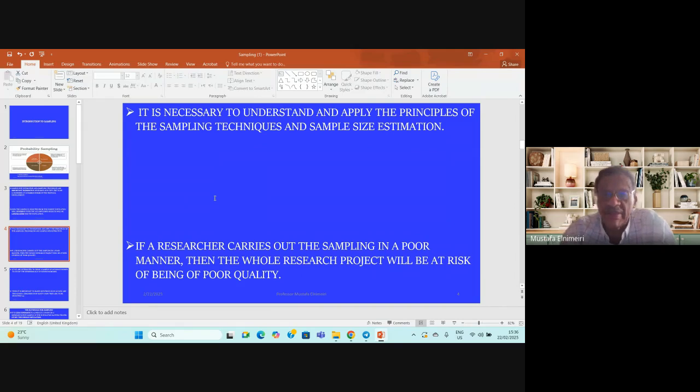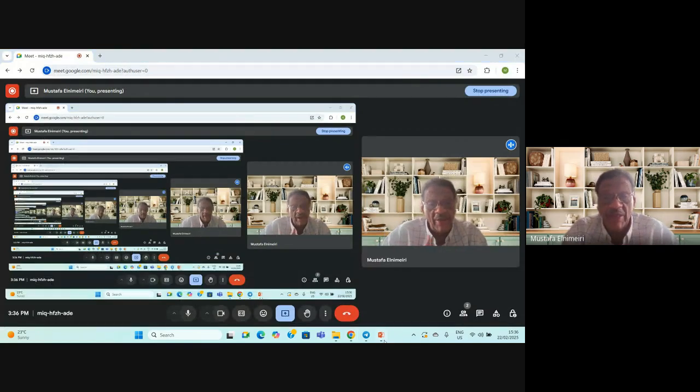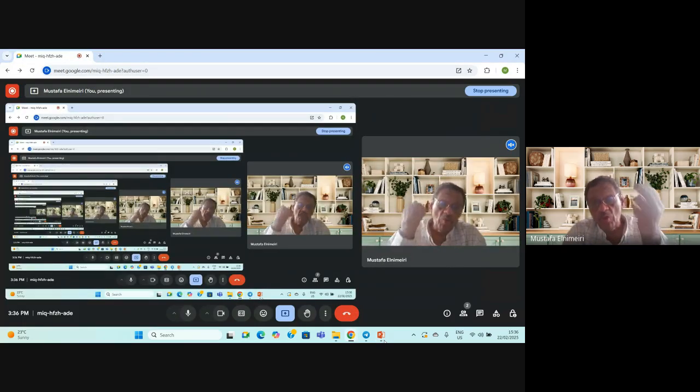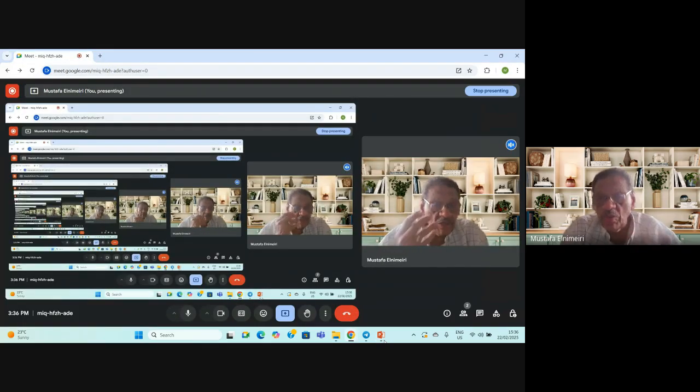It's necessary to understand and apply the principles of sampling technique and sample size estimation, because this is very important. Otherwise, if a researcher carries out the sampling technique or the estimation of the sample size in a poor manner, then the whole research project will be at risk of being of poor quality, and the results will be questionable.